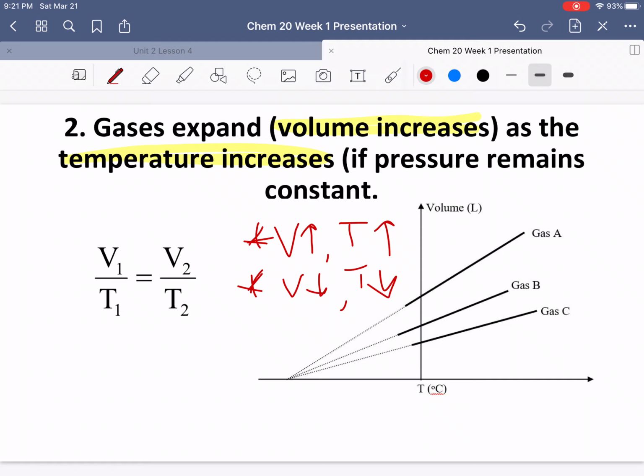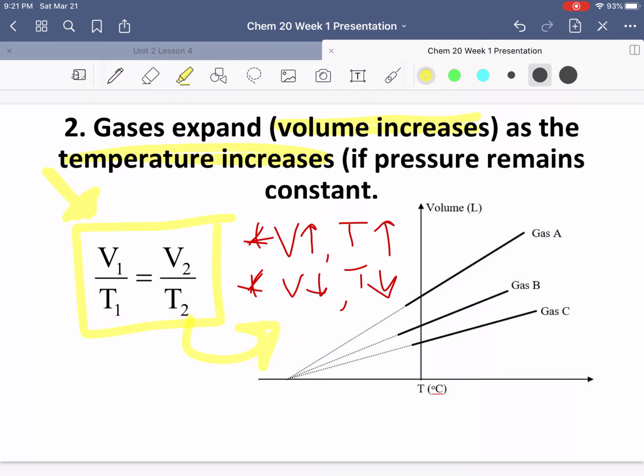Okay? We have, once again, a way to show that. So basically, guys, the graphs are one of the ways that you could see that if you actually did this lab and saw what happened to a gas as you increase the temperature, the volume goes up. Graph it, and that formula that you see here is derived from the graph, which is kind of cool.